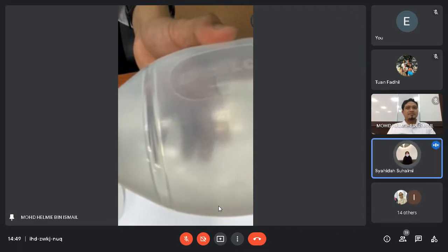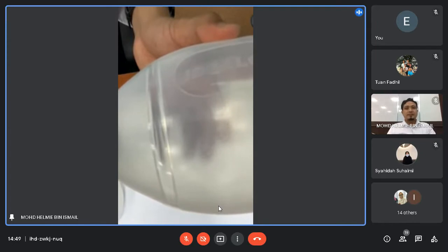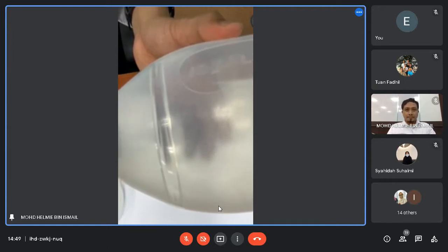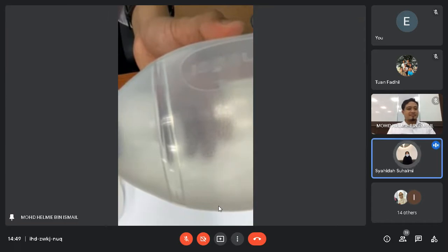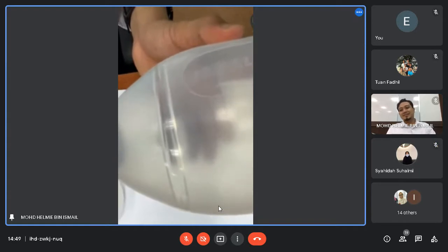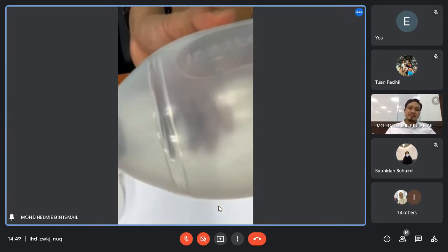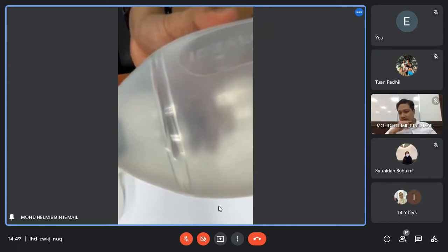Around 500 milliliter. Tapi berapa liter, berapa mil per kilogram? Is it 7, tak tahu, 7 mil. Alright. Safe punya answer. Okay, 6 to 8 mil per kg. Kg tu ideal body weight.